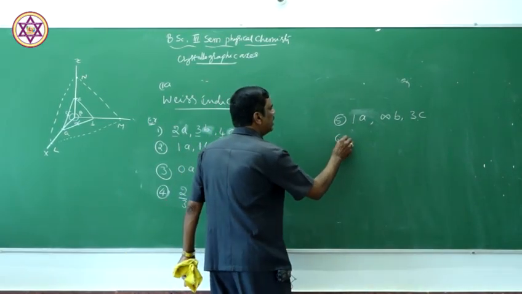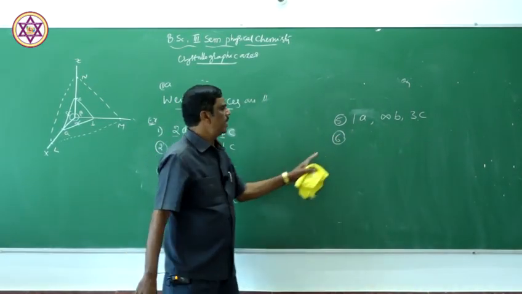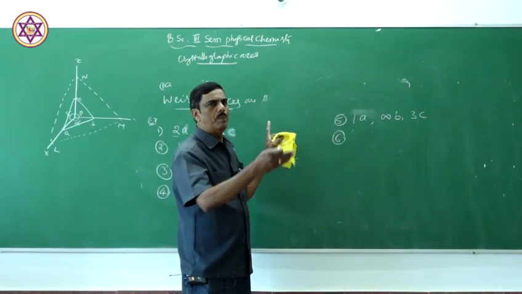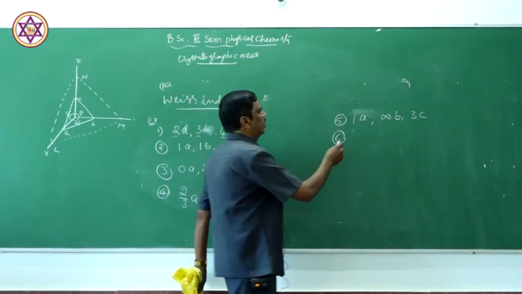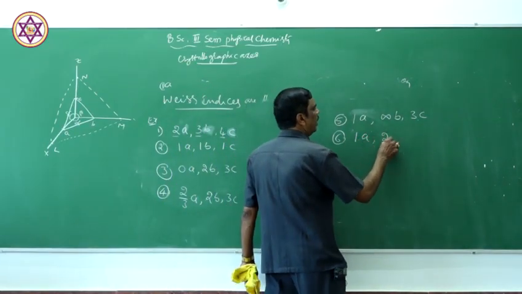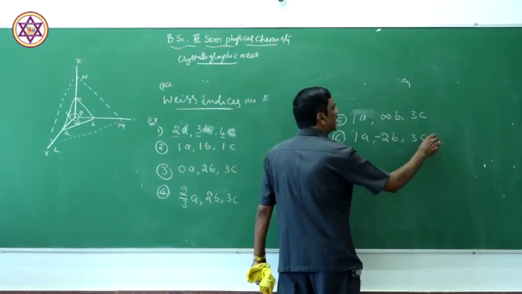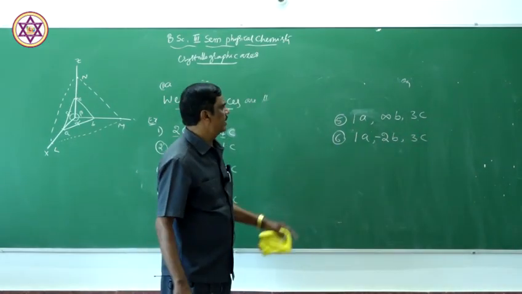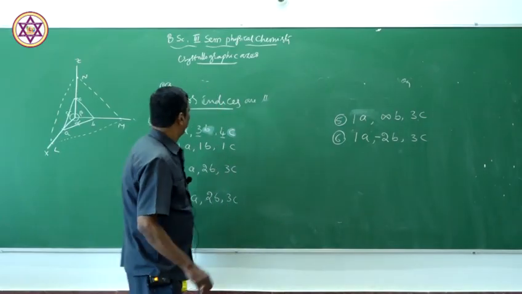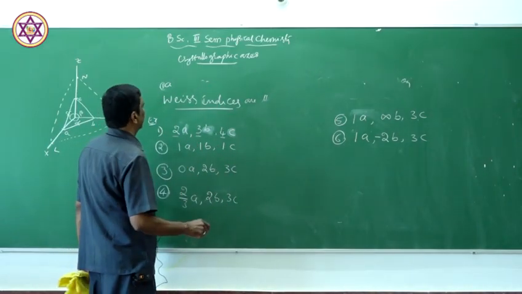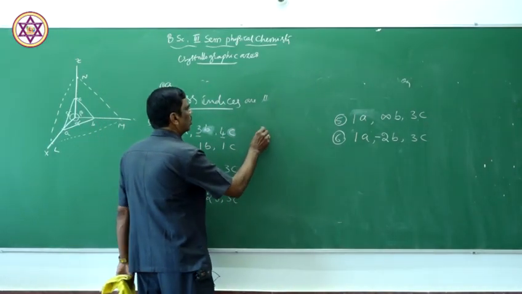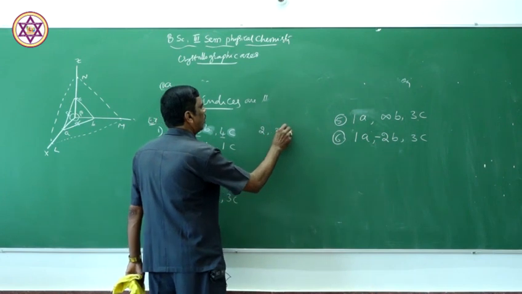In some cases, it may be negative, that is, passing through the opposite side. So, in that case, what happens? For example, minus 2b, 3c, and so on. Here the Weiss indices in this case are 2, 3, 4.